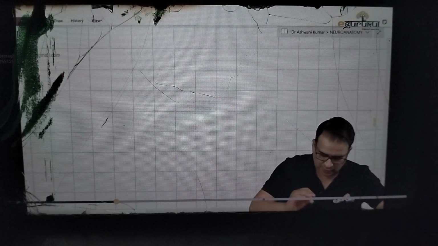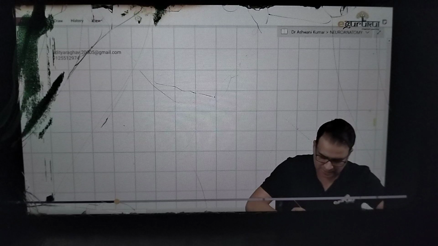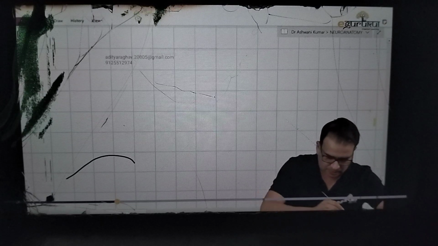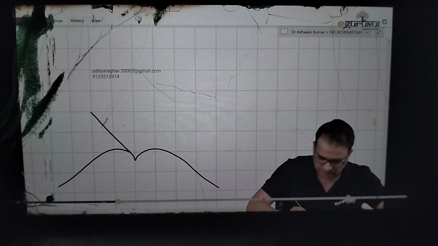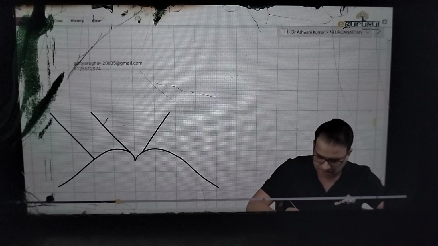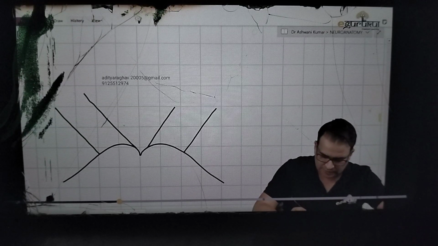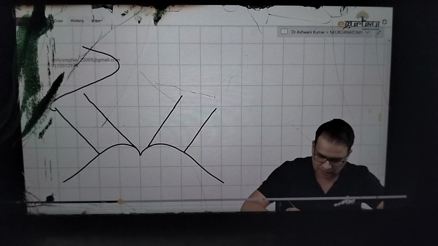So we're going to draw only the cranial part of the brainstem now. I request you to start slightly below because we have to ascend upward in this diagram. So if this is, once again, the pons, and here are the peduncles. And let's complete this fossa, the interpeduncular fossa, by drawing the optic path. So this is the optic tract and chiasm.